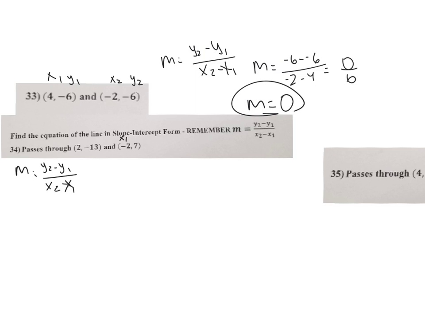So that's x2, that's y2, that's x1, y1. So I'm going to put 7 minus negative 13 all over negative 2 minus 2. So I'm going to get positive 20 all over minus 4, which is going to be negative 5. That's my m. So I'm going to plug it into y equals mx plus b form.